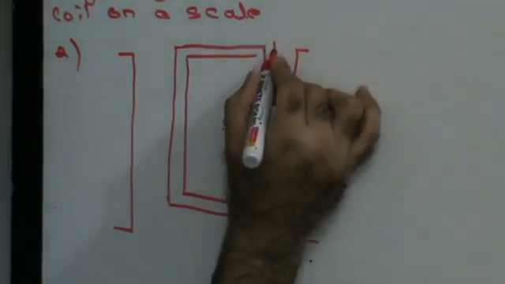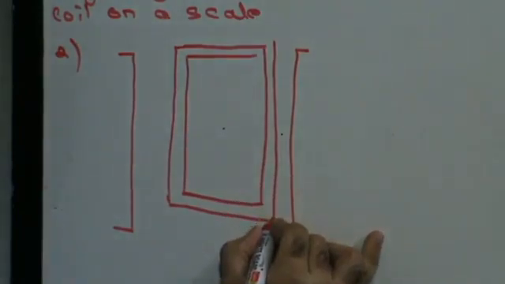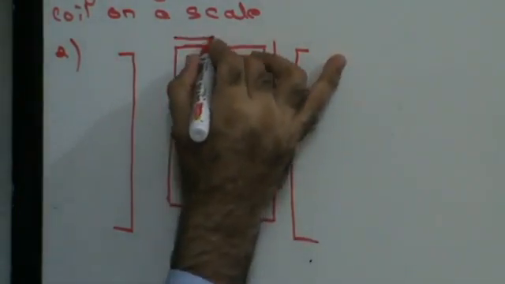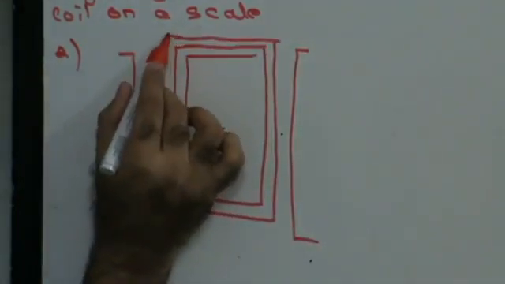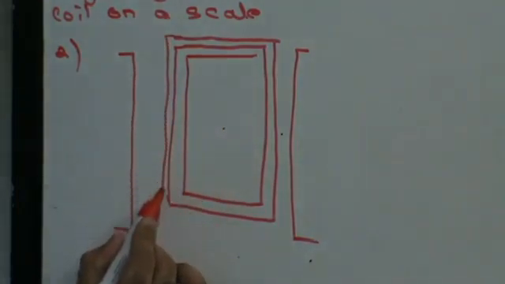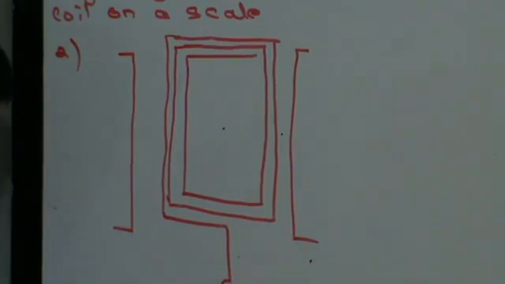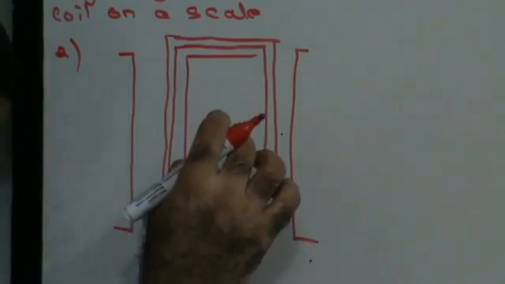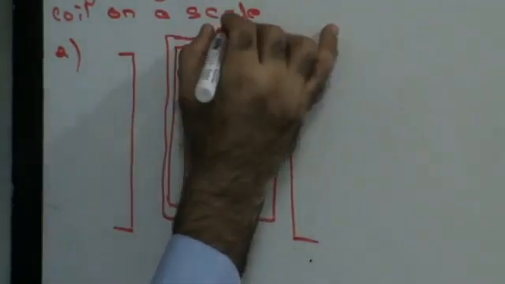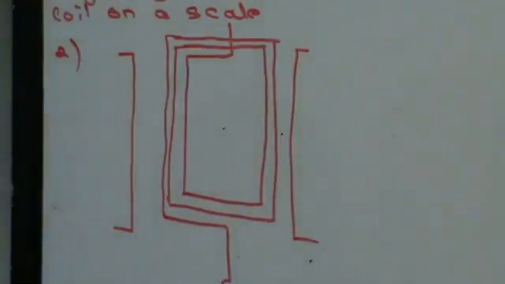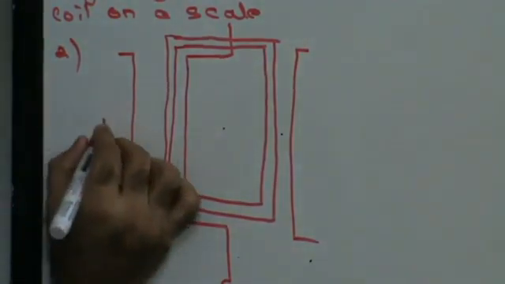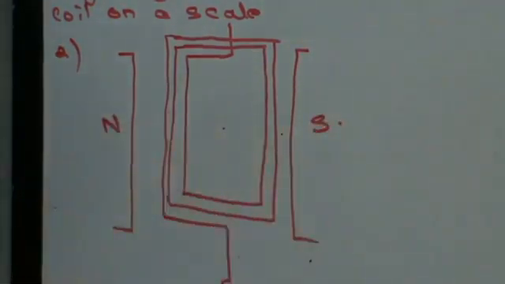This is the coil, with a few turns shown. You have the spring attached over here, and the wire bringing current in. This is the north pole of the magnet. This is the south pole of the magnet.